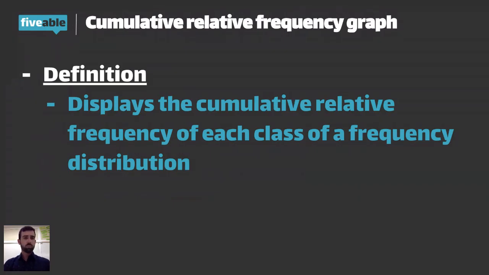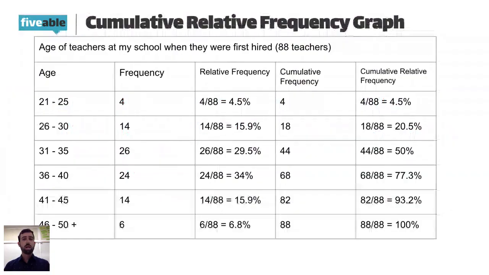So right here is some data from 88 teachers at a school that I used to work at. I asked them, what age were you first hired at the school? And I put them in buckets. So the first bucket was from 21 to 25, 26 to 30, and all the way down to 46 to 50.